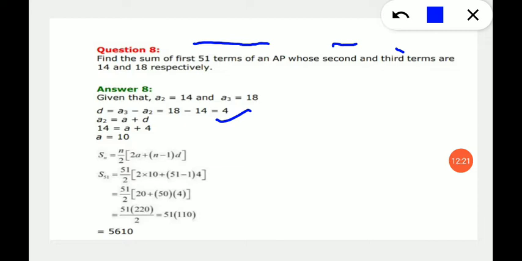Here also we know that A2 is equal to a plus d. d is known to us, A2 is known to us. On solving we get a is equal to 10. Now we are able to solve, put the value in the equation Sn is equal to n by 2 into 2a plus n minus 1 d.